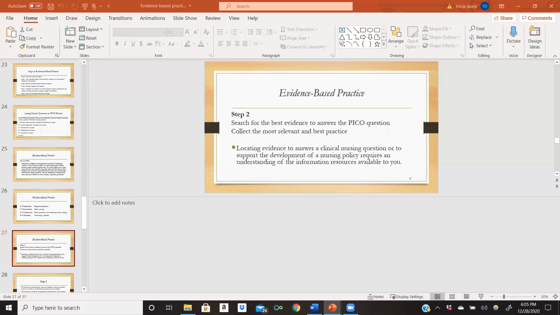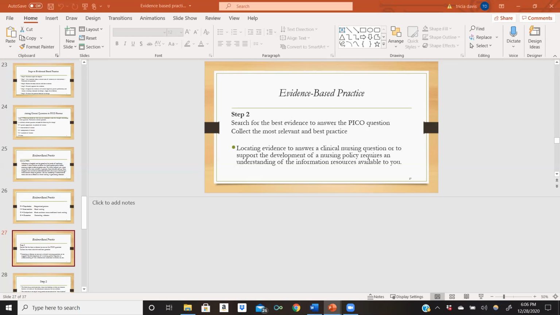So step 2 is you're going to search for the best evidence to answer the PICO question, collect the most relevant and best practice. You're going to locate evidence to answer a clinical nursing question or to support the development of a nursing policy, which requires an understanding of the information resources available to you. So where are you going to get your information from? Like we said earlier, you can get it from nursing journals and scholarly articles.